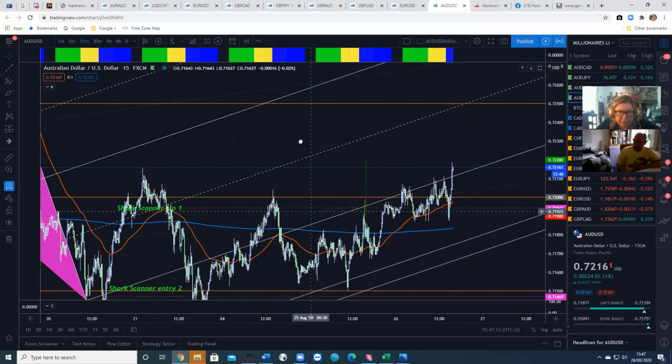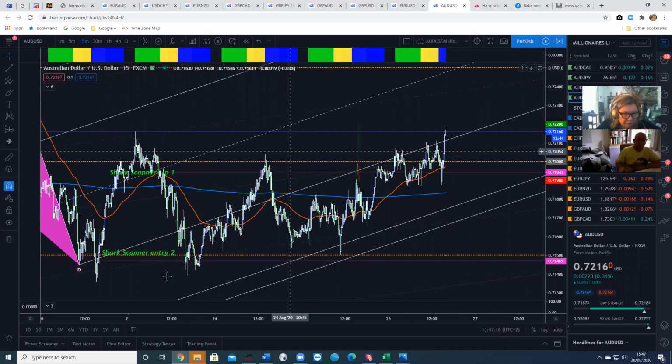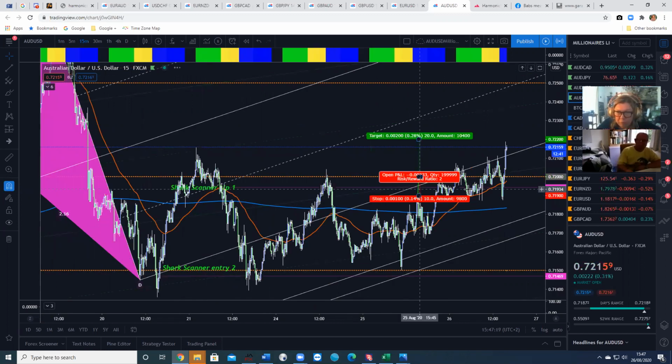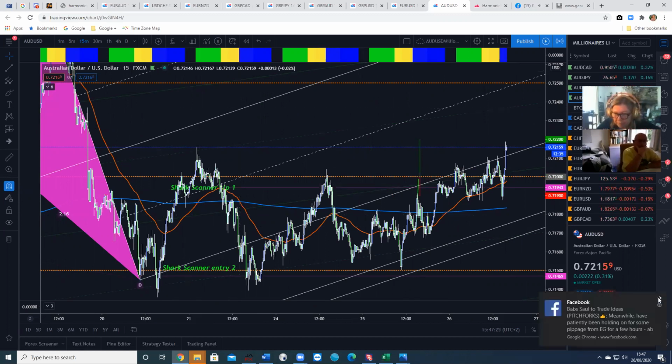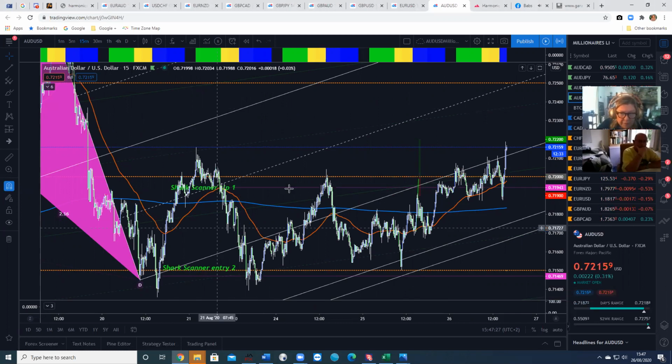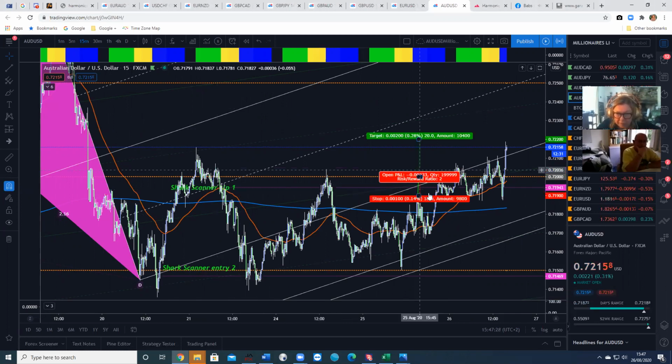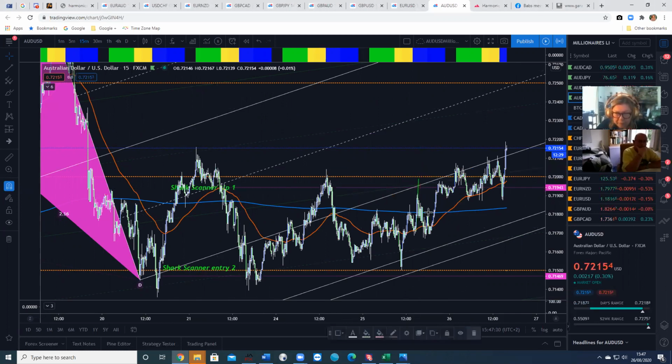This was a shark entry to take profit 1, which it's now passed. It hasn't come up to the median. So we're looking at buys on this.